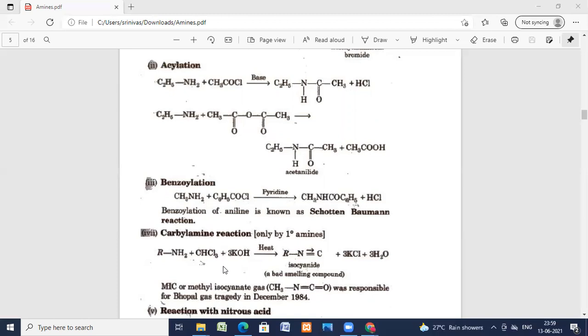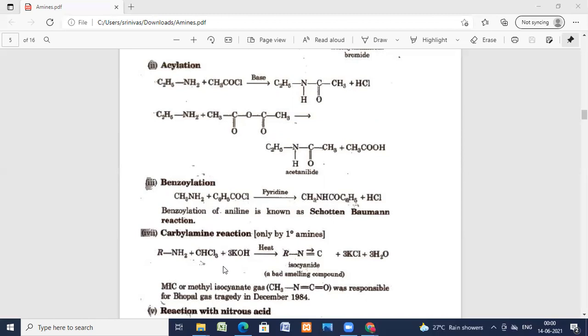Similarly, aniline on heating with chloroform and KOH forms phenyl isocyanide. C6H5NH2. Even we can react with the aromatic amines, aniline. Aniline also reacts with chloroform and 3KOH.